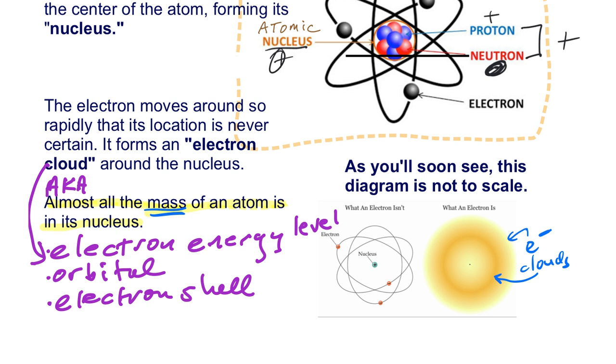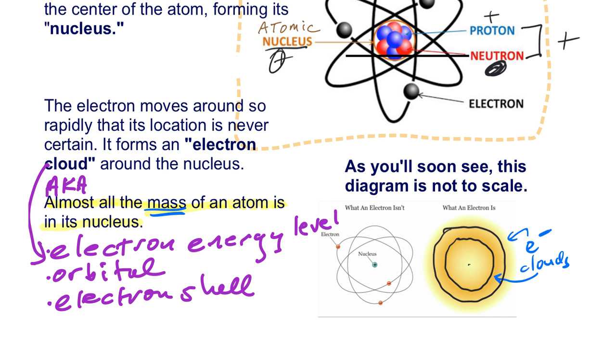So you can see 2 electron clouds here, one right here, and one out here somewhere. You can see the tiny nucleus right in the middle.